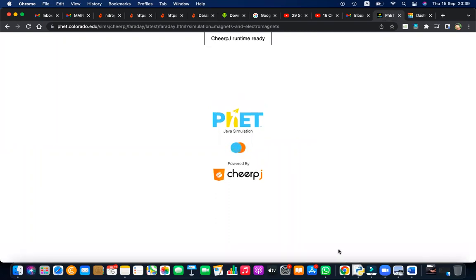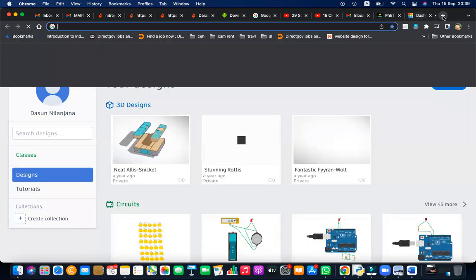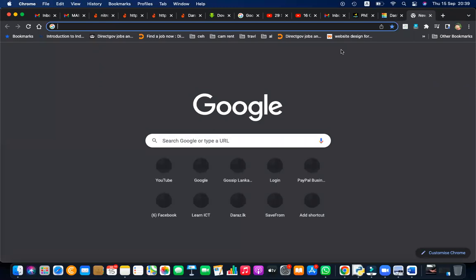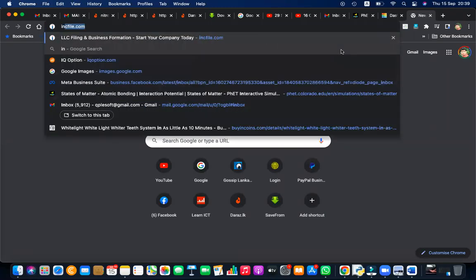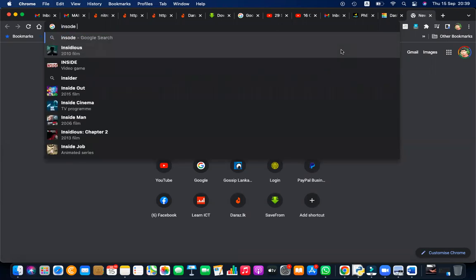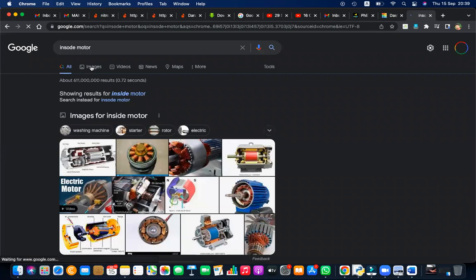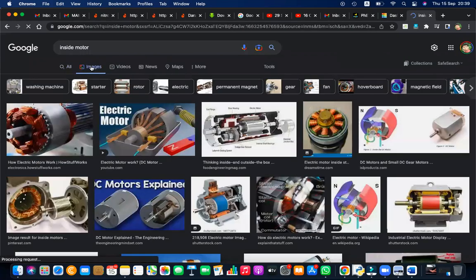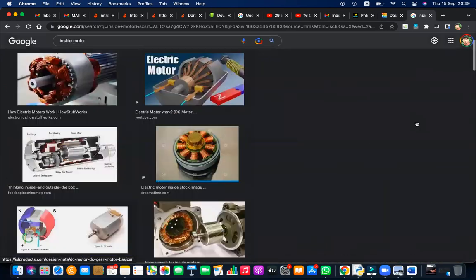In the motor, I hope that you have done some experiments with motors. Have you seen inside the motor? If you analyze inside the motor, there's a coil. Yes, there's a coil, as well as two permanent magnets like this.